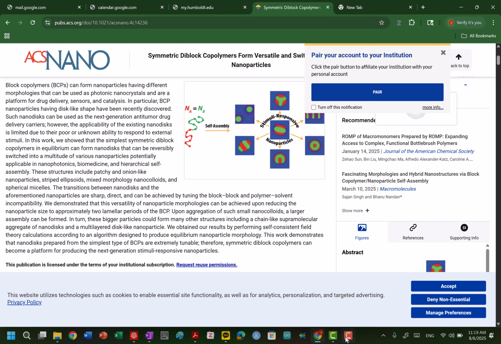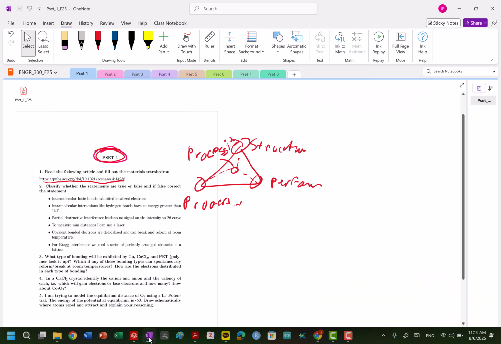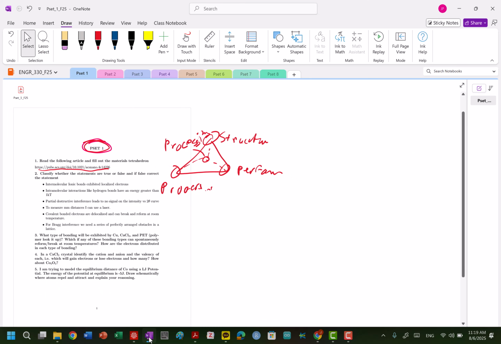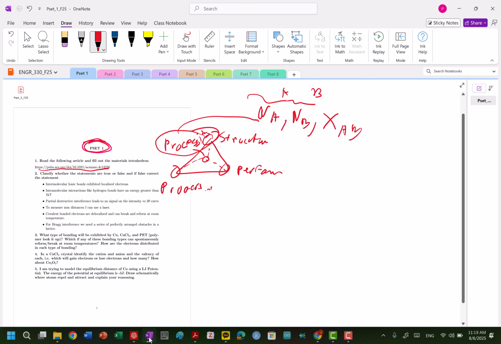So let's apply this to our framework of the materials tetrahedron. We have block A and block B, and we perform a process. We either change the number of block A, change the number of block B, or change our chi parameter of AB. We do some processing step where we change these parameters, and that will influence the structure.